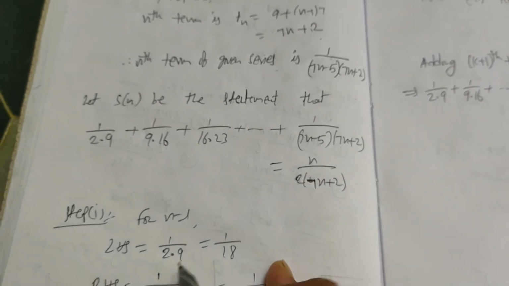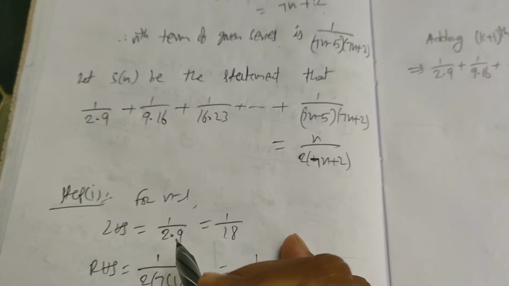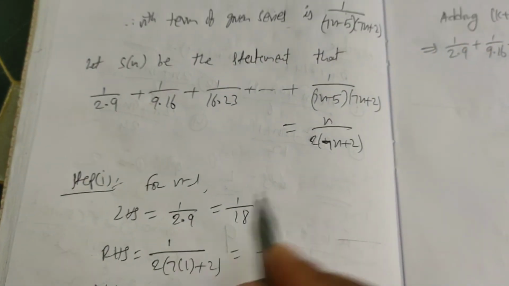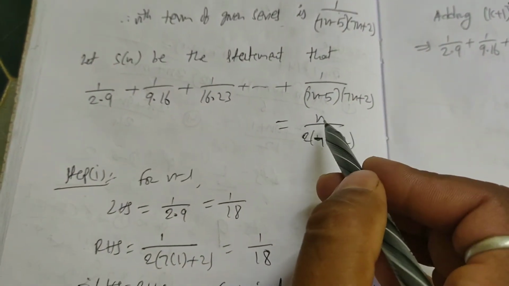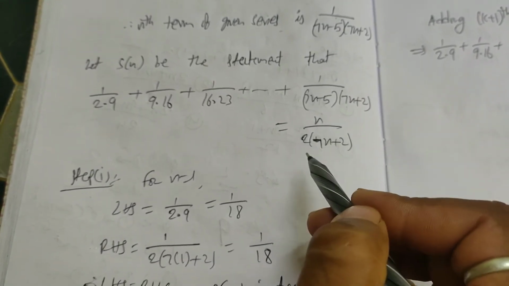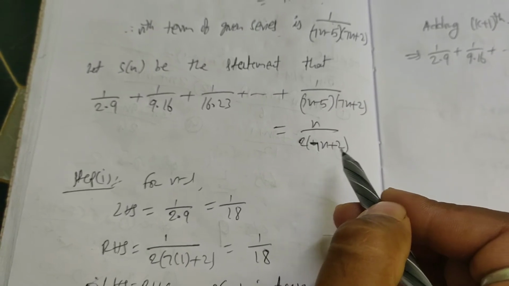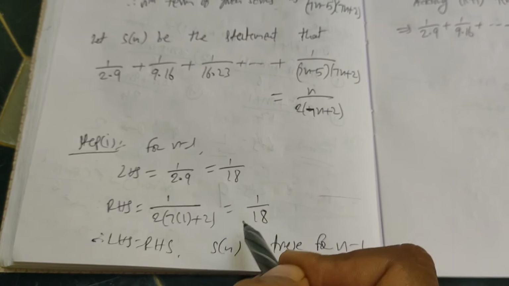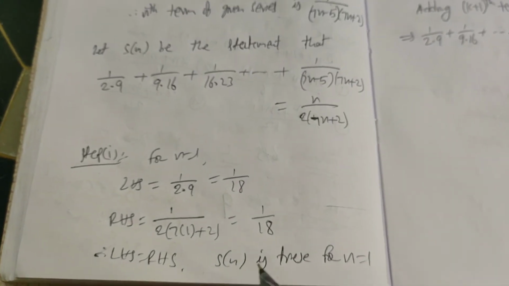So LHS is 1 by 2 into 9, that is 1 by 18. Now RHS: substitute n is equal to 1. 1 by 2 into 7 into 1 plus 2, that is 9. 2 nines are 18, that is 1 by 18. So both LHS and RHS are equal.